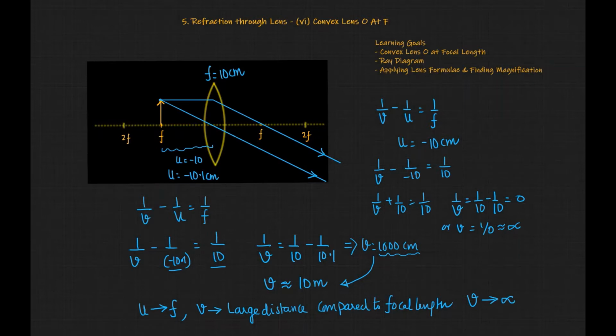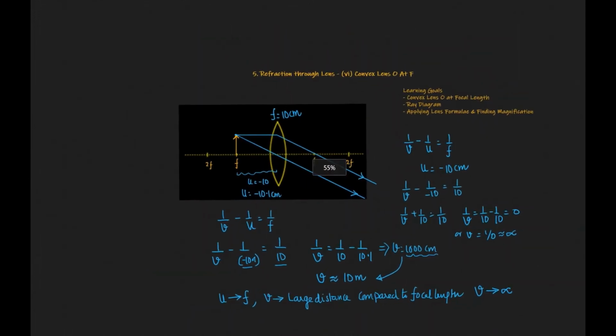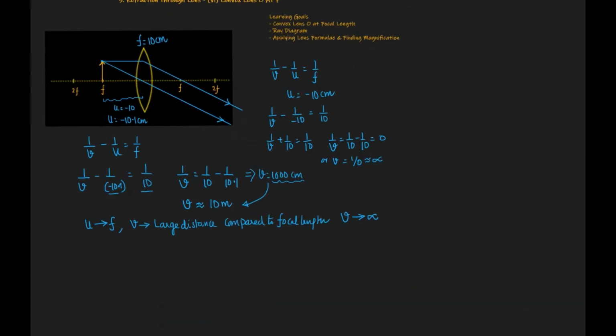Now another way to visualize this is that when you look at this point as not exactly F but very close to F, then these rays will converge at a very, very far away distance. So let's extend that distance, very far away when compared to the focal length.